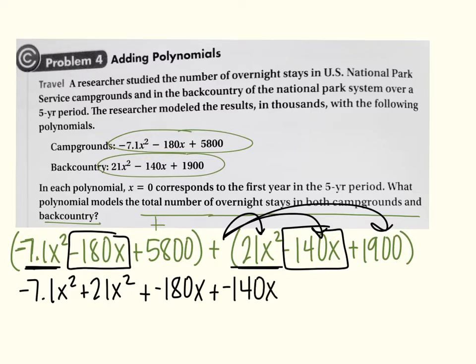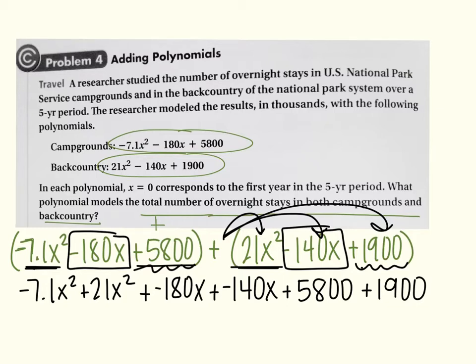Pay attention to the sign that's in front of the number. And by front, I mean what you read before it. So that's negative and that's negative. That's positive and that's positive, okay? And then 5800 plus 1900. And what I'm doing right now is I'm reordering this so that like terms are together.